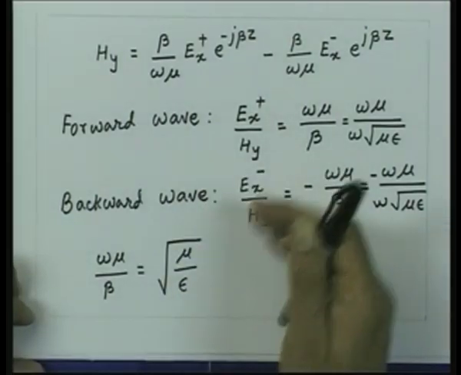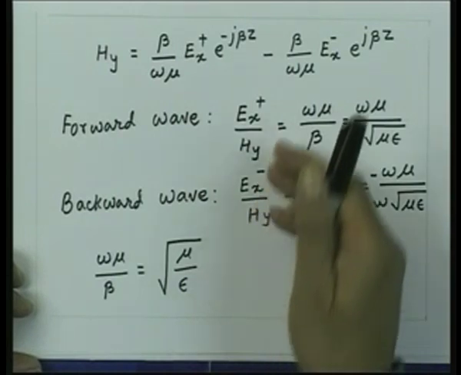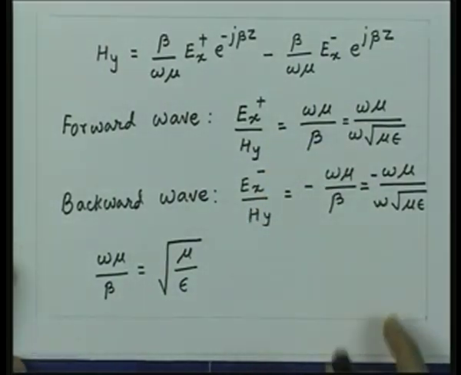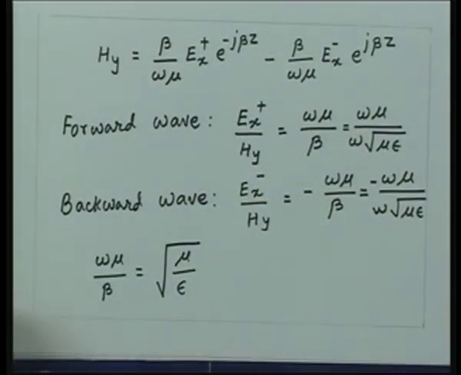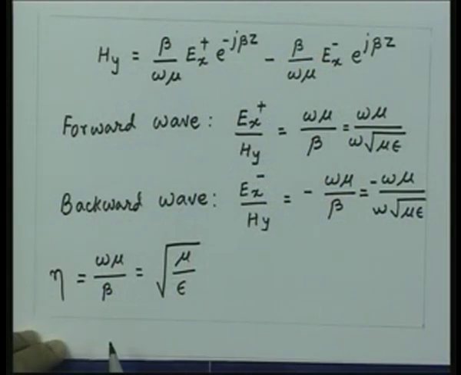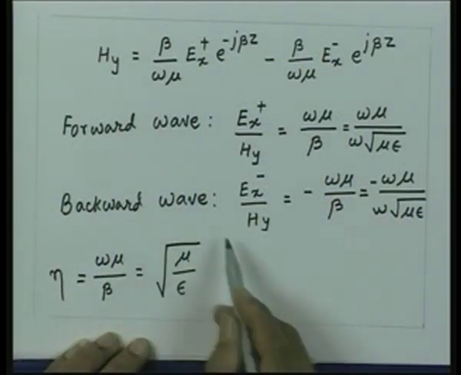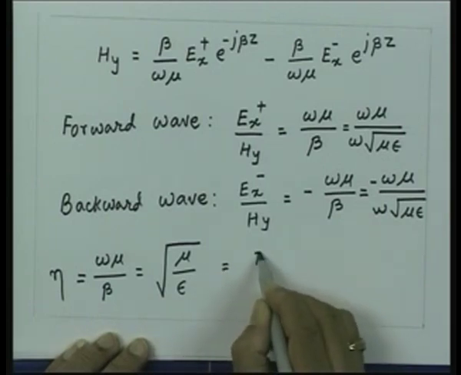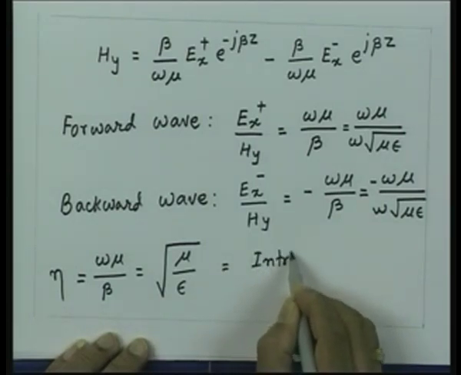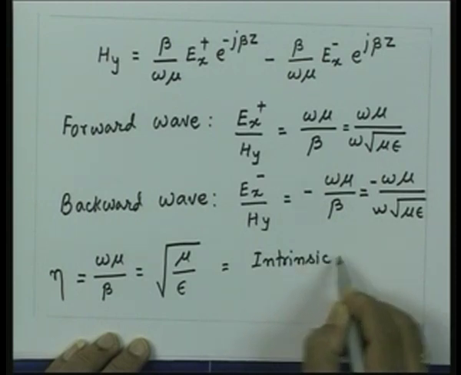However, for the wave propagation in the 3-dimensional space, this quantity is referred to as the intrinsic impedance of the medium, and normally it is denoted by eta. So, we have this quantity eta which is square root of mu upon epsilon and is called the intrinsic impedance of the medium.